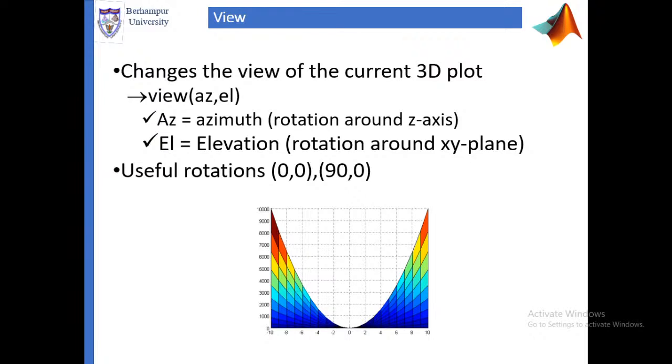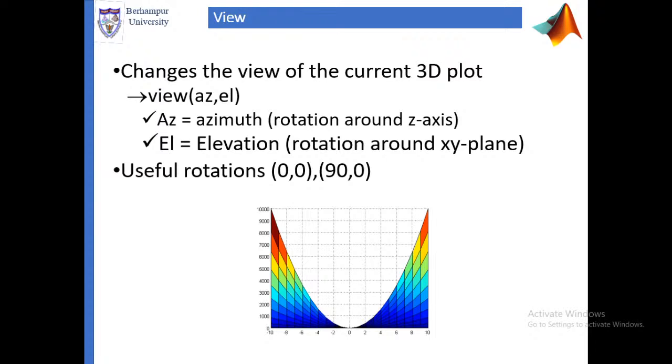You can take x comma y, m comma n, a comma b, anything, but I am writing az comma el to illustrate that az means azimuth. So az is azimuth, which means the rotation around the z axis. If you want to rotate around the z axis by an amount, you can give that value. El is elevation. This is rotation relative to the xy plane. So you can give that value.